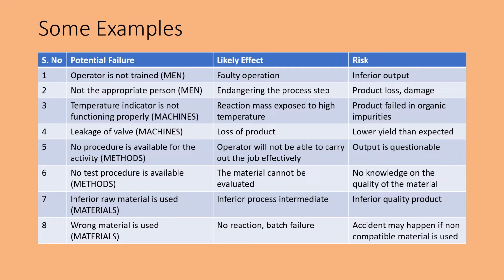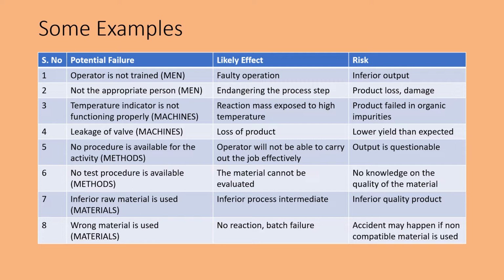Similarly, inferior raw material is used. This is a part of the materials. So inferior process intermediate will be formed, so inferior quality output and inferior quality product is the result. Wrong material is used: no reaction, batch fails. Of course, this may be the likely effect.